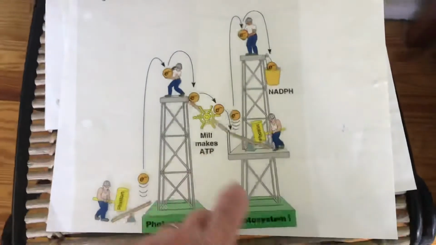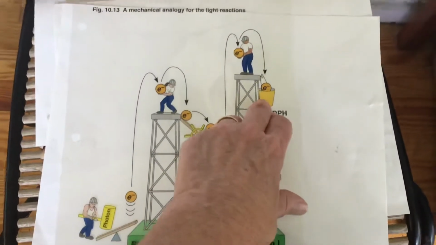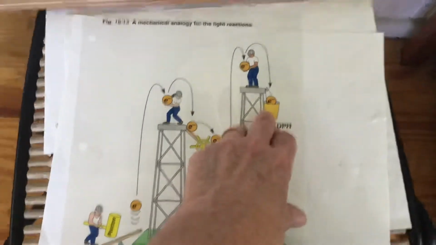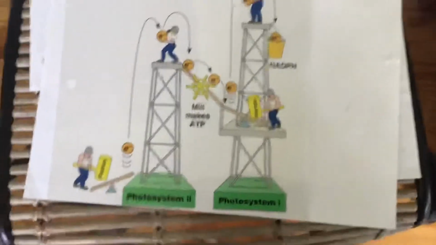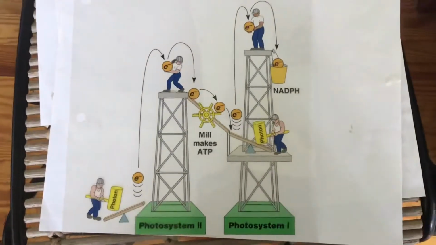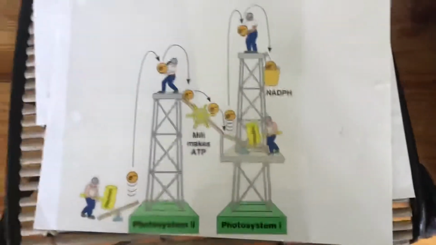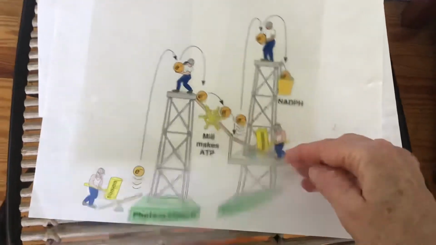And then the second time it gets excited, I'm going to collect those excited electrons and use those as an energy source. As I showed in the last video, we're going to use this ATP and NADPH in the second part of the process to make sugar.